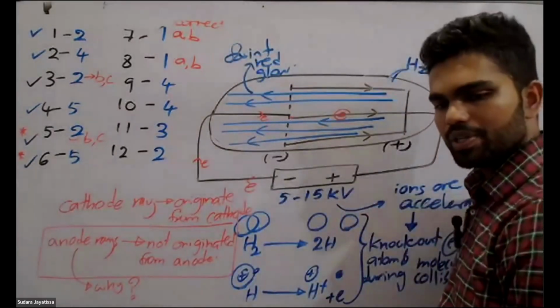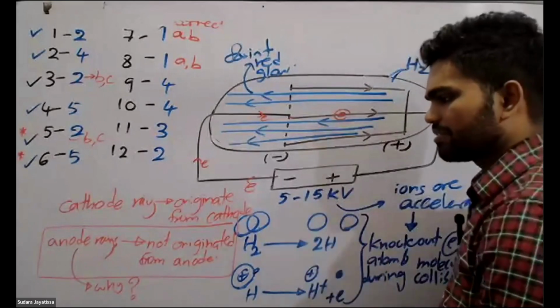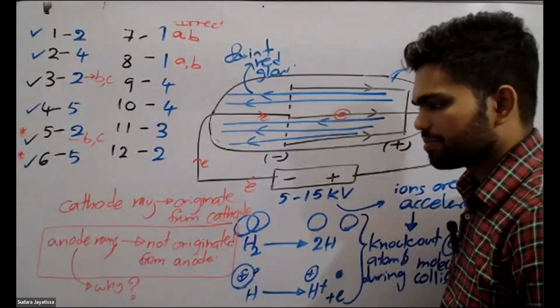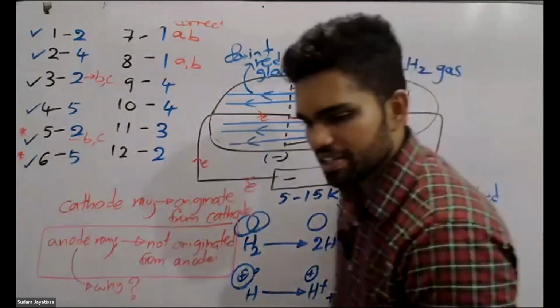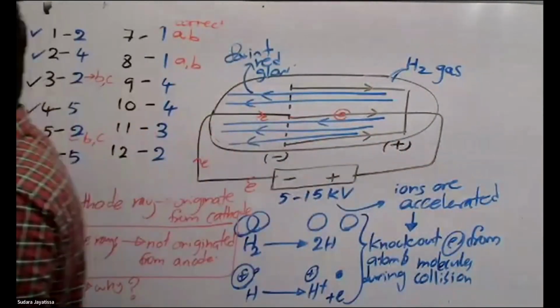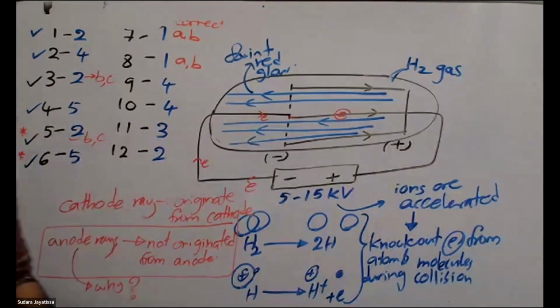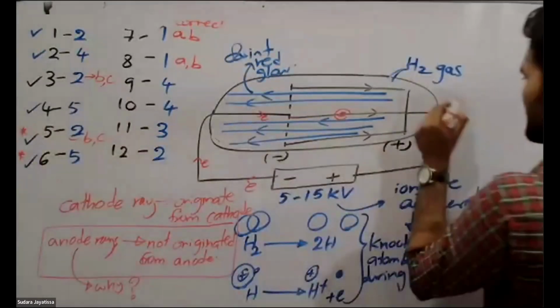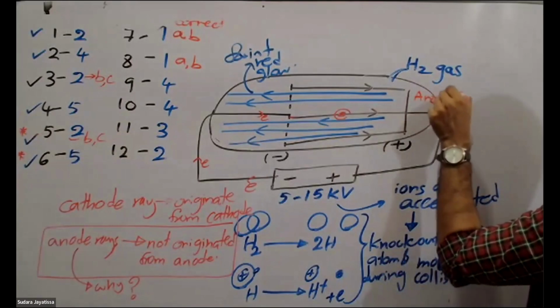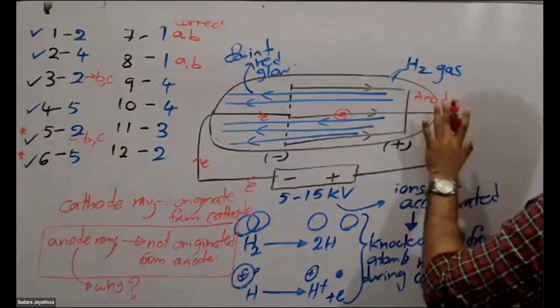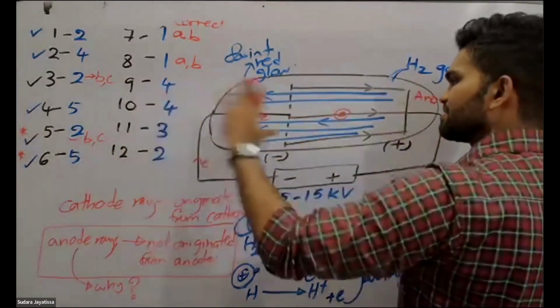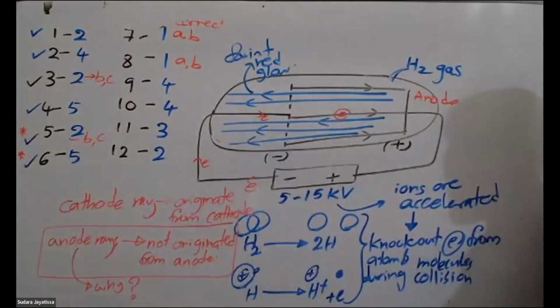You can write that to your paper review, looking at your theory book. Why? Because they are coming from the direction of the anode. So they are not originating from anode, but they are coming from the direction of the anode. Anode is right here, no? So they are coming from that direction. That's why they are called anode rays.